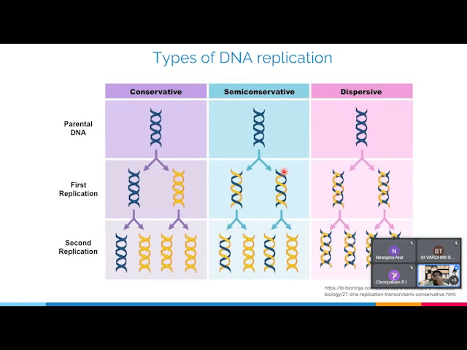Can someone unmute and suggest an idea on how exactly we can separate the different types of DNA replication models? You can even write into the chat if you want, like a modern experiment to separate out the different types of replication.